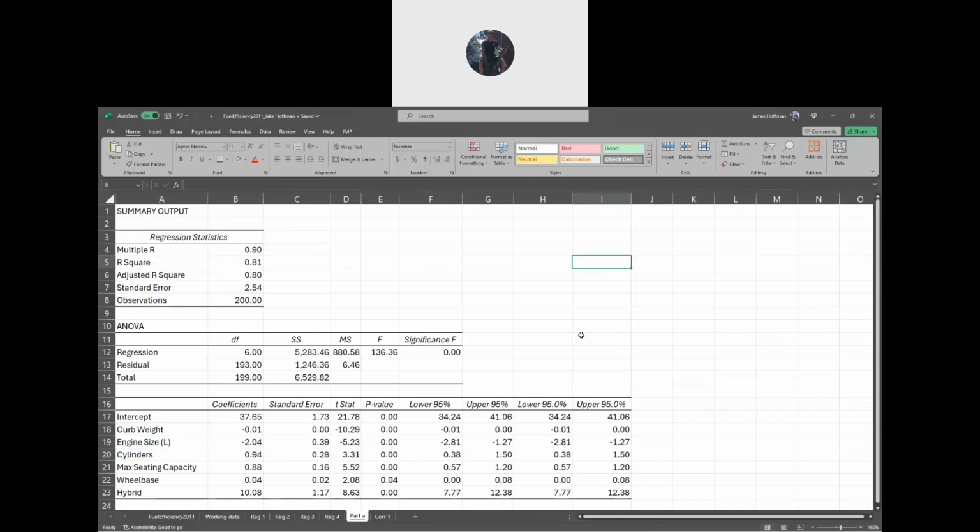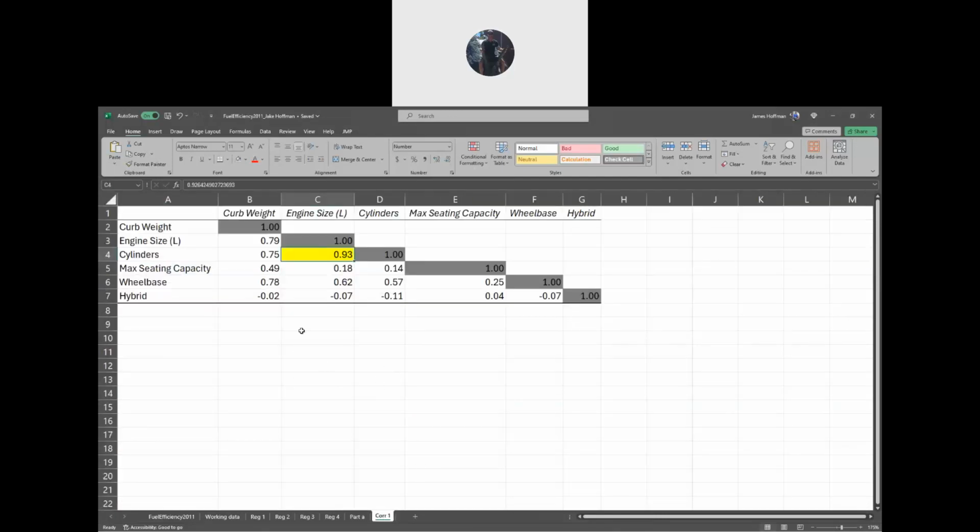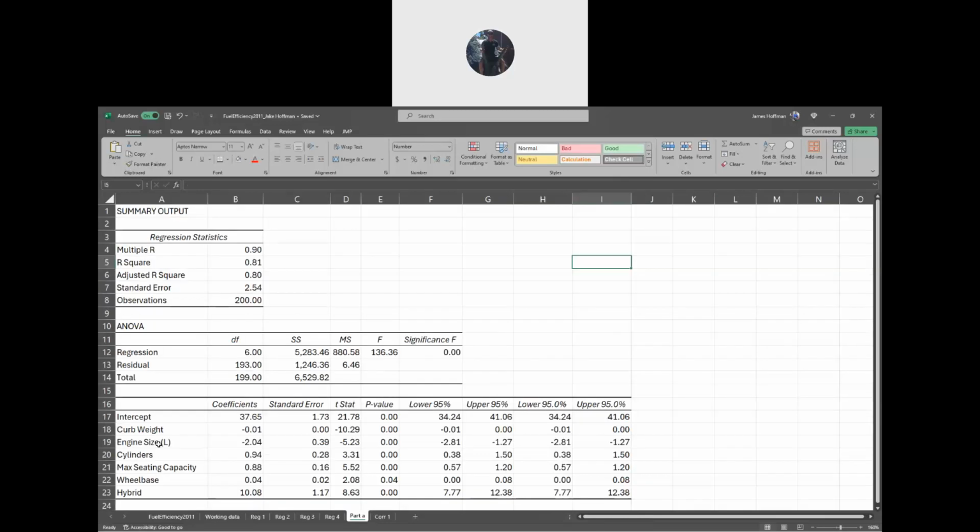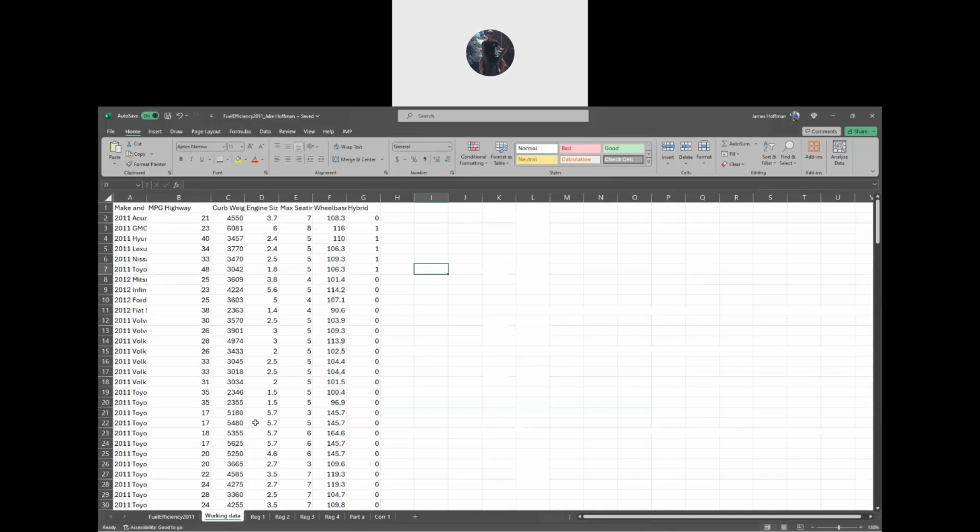Okay, so basically we start again from part B, run the correlation matrix from the reduced model, and here it is. The biggest issue is engine size versus cylinders. So if we just address that and take out the one with the lowest T-stat, it's cylinders, right? Okay, so let's take out cylinders and run it again. I already took it out.